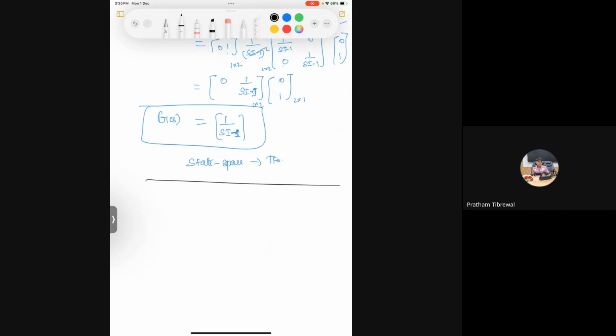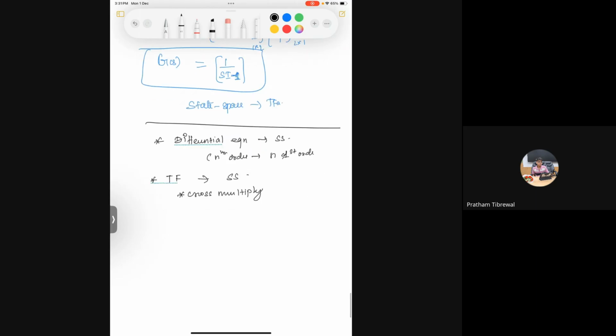Now, collecting all the points, we know from differential equation to state space, we will use nth order differential equation to n first order differential equations. From transfer function to state space, we will first cross multiply and get it in terms of Laplace of differentiation.